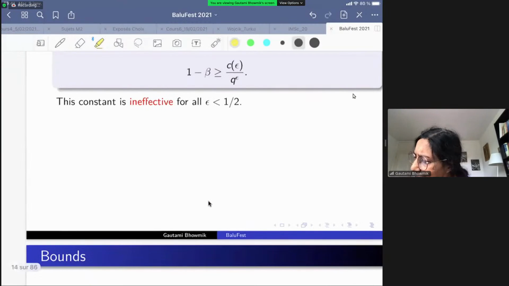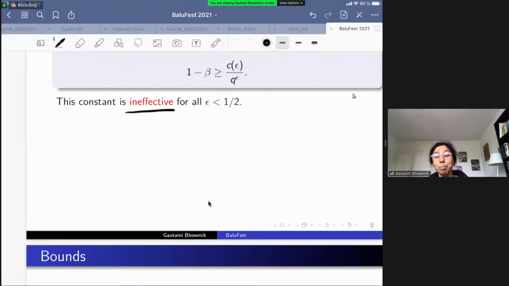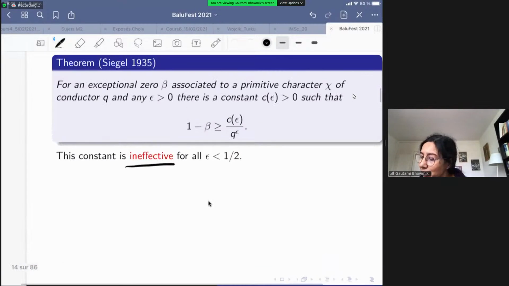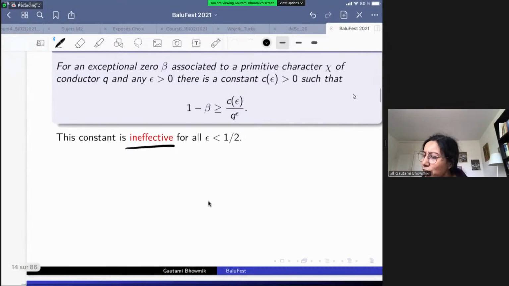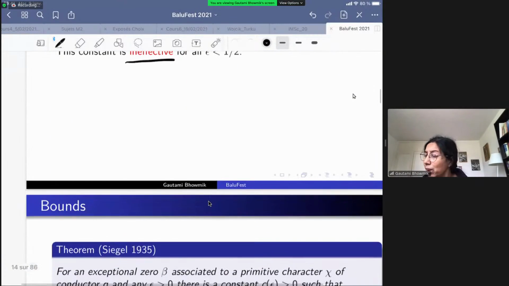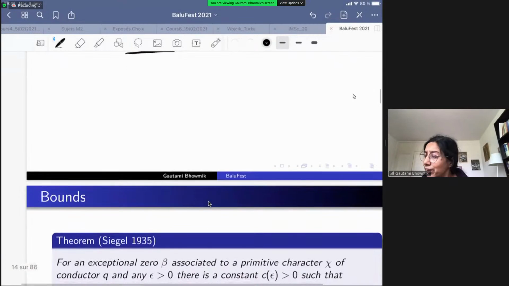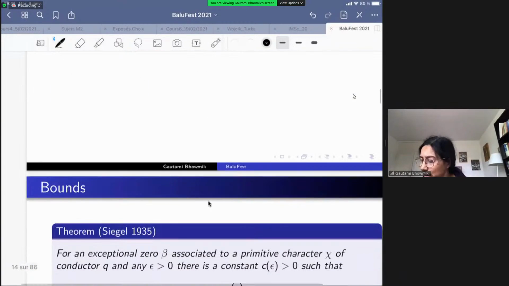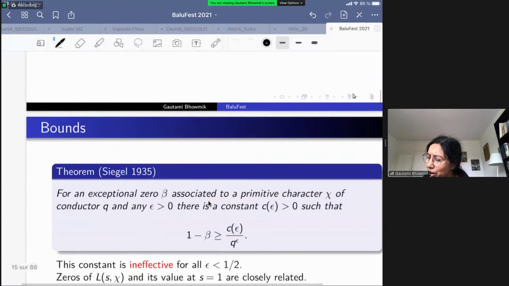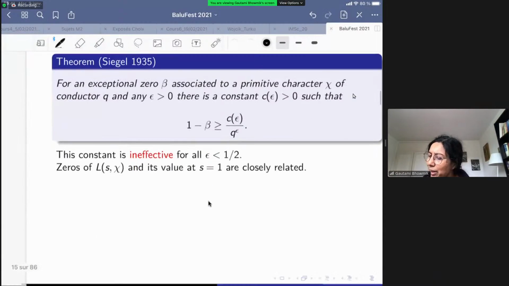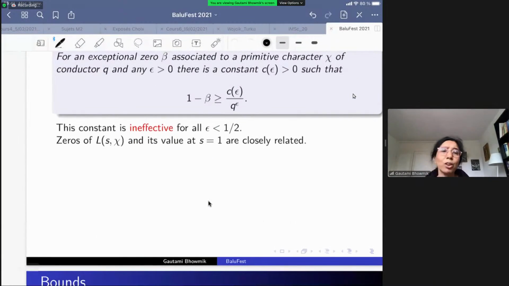It's ineffective every time epsilon is less than half. It says that we cannot use it for many applications. However, nothing much has happened. Siegel, you see, this is 1935, which was very long ago. And seriously, unconditionally, this result stays as it is. So the only possibility is to sort of go around the story.